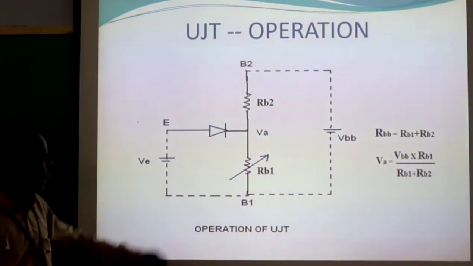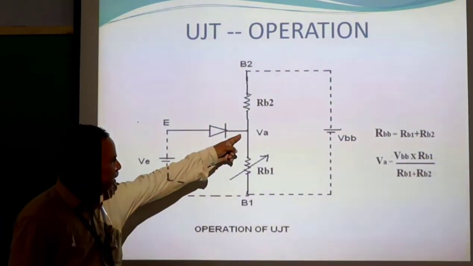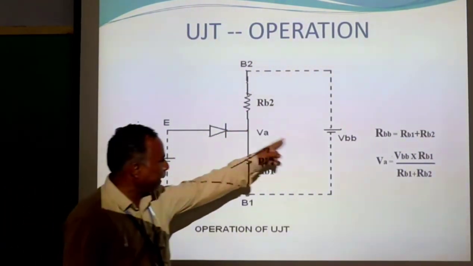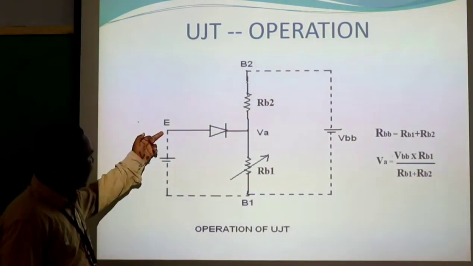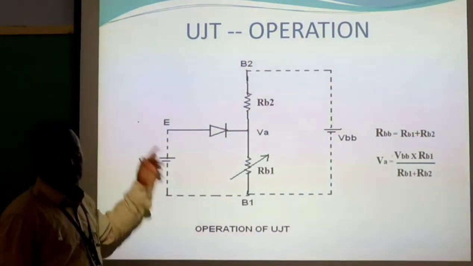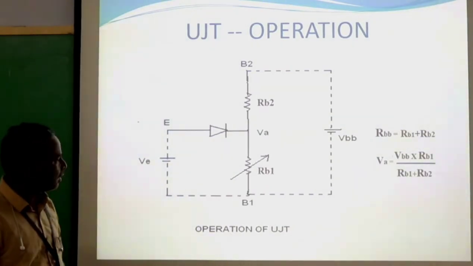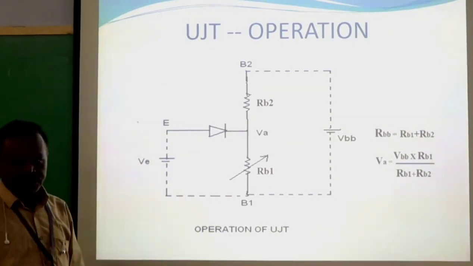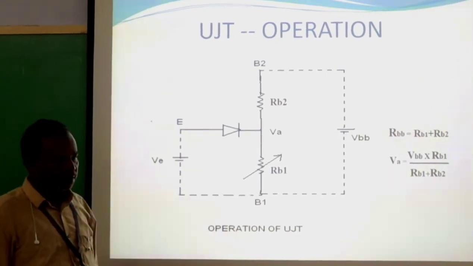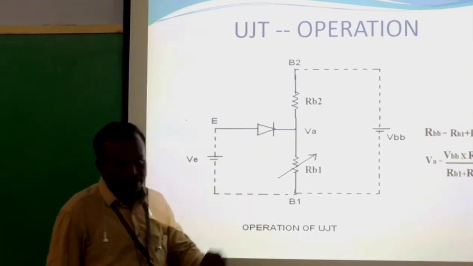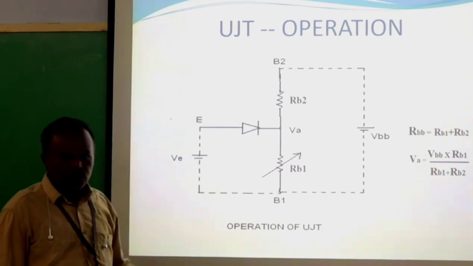Now, at the point A, the potential is created according to the application of the VBB. And VE is 0, the emitter terminal is not connected. In that condition, the PN diode is reverse biased, because the cathode has some voltage and the anode has 0 voltage.